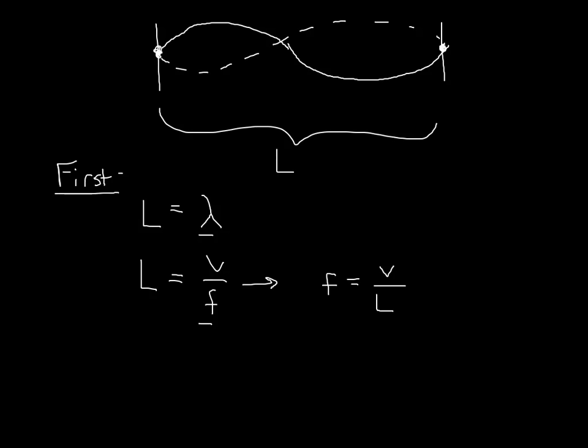And I can keep going. I can draw the next mode. The next mode is going to be L equal to 3/2 of lambda, or lambda equal to 2/3 L, however we want to think about it, or frequency equal to 3 times V divided by 2L.